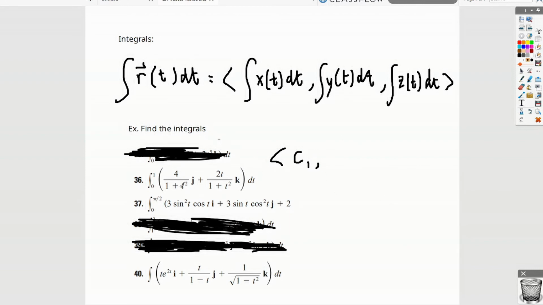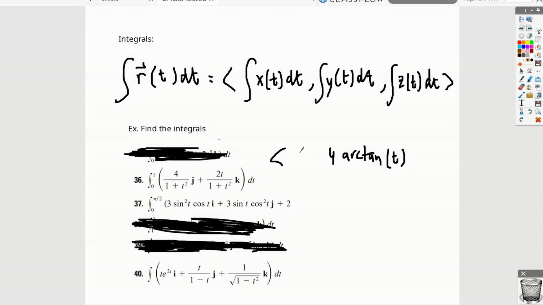The integral of 4 over 1 minus t squared is 4 times arctan of t, plus c2. Well, actually, we don't really even need the c's because it's a definite integral.